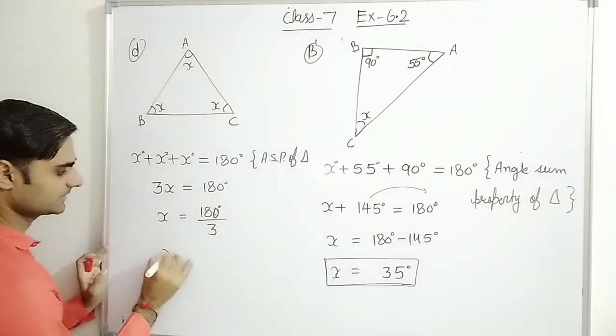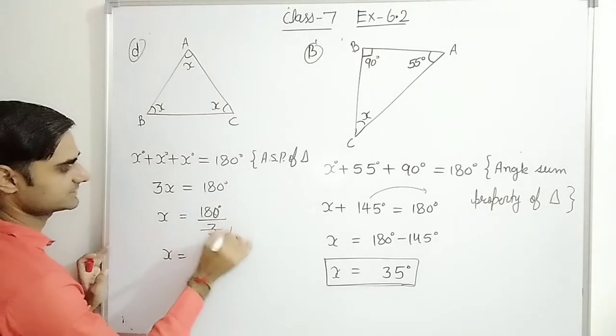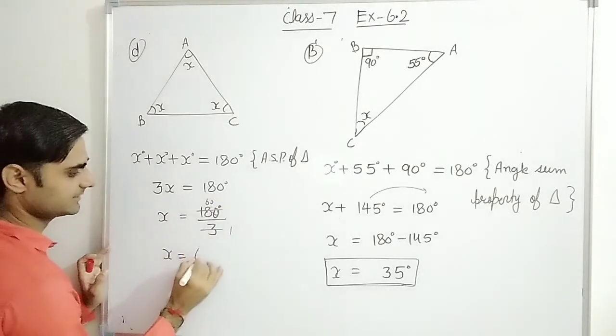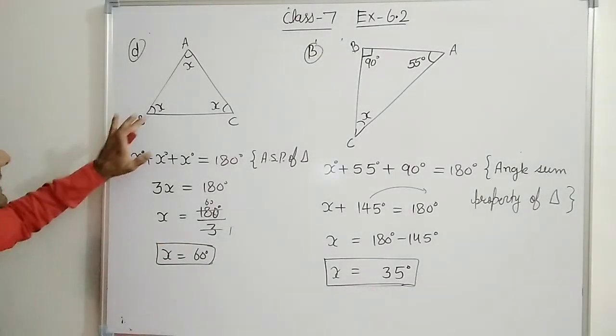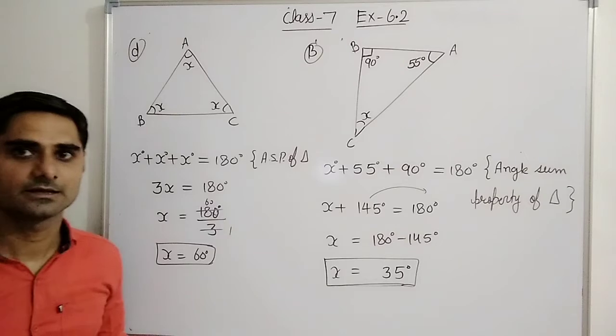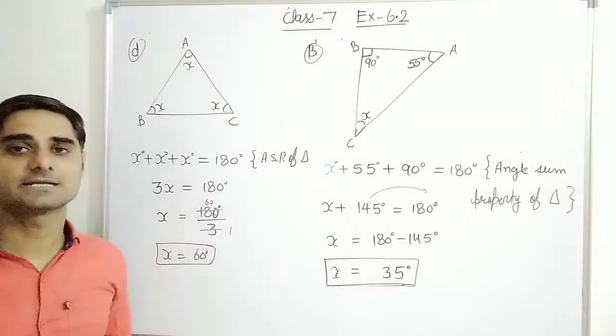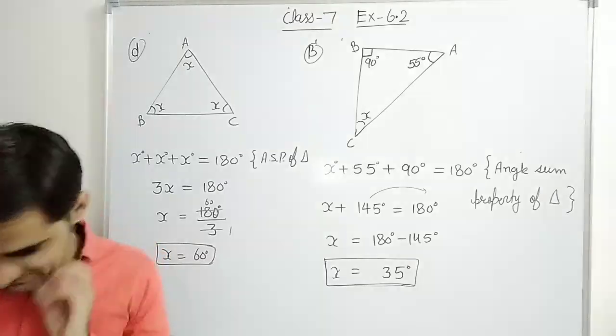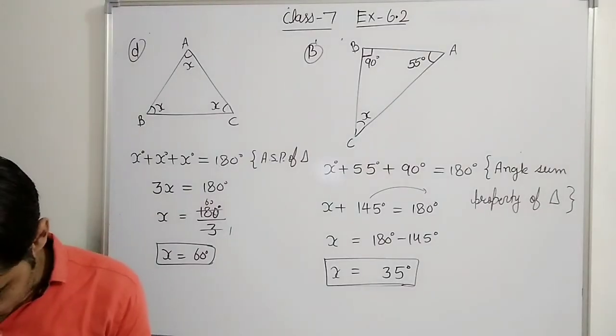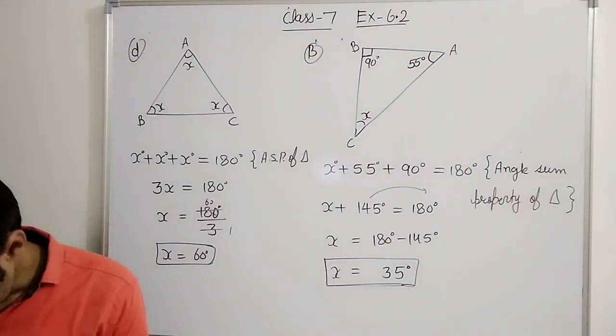So what will come? x will be equal to 60 degree. x is 60, which means each angle is 60 degree and all angles are equal. That is an equilateral triangle, right? Yes, that is an equilateral triangle. So this we have done here.